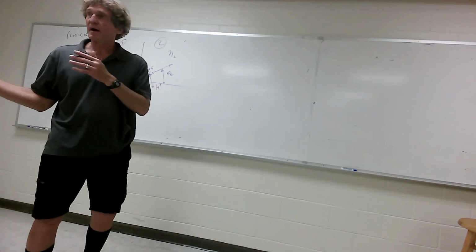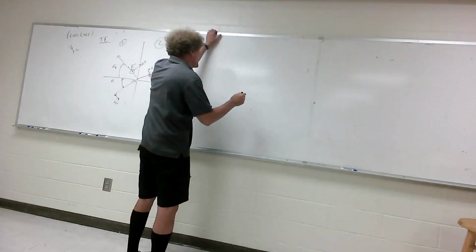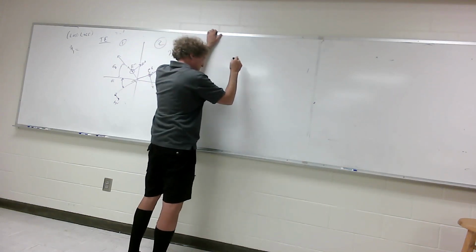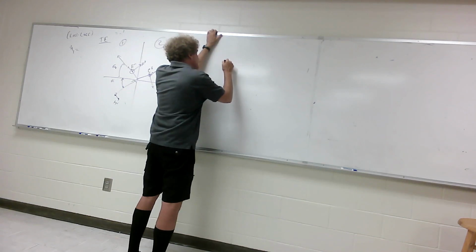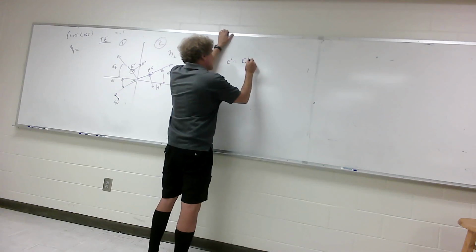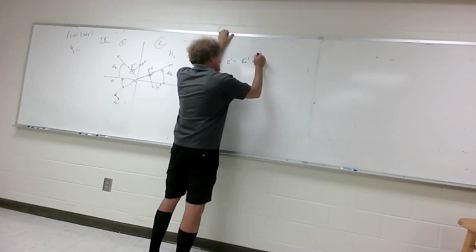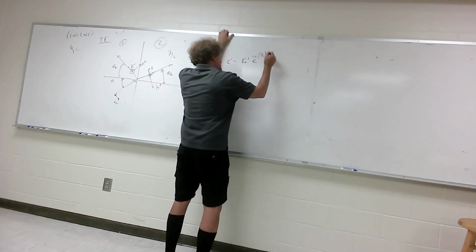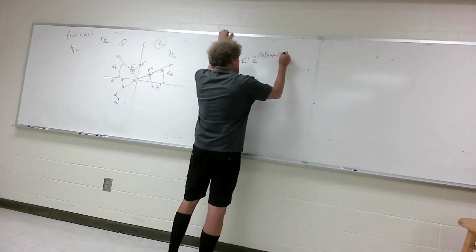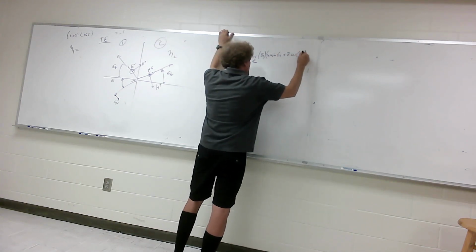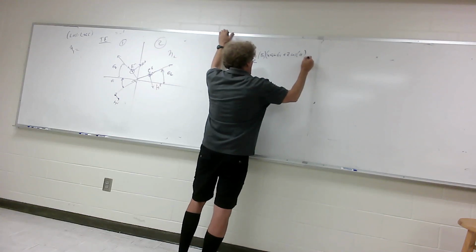Now, I put down the equations for all these things. I'm going to show you the type of problem I might give. The incident field is going to be some E naught incident, and then it's going to be e to the minus j beta 1, and then x times the sine of theta incident plus z cosine of theta incident, in the AX direction the way the book does it.